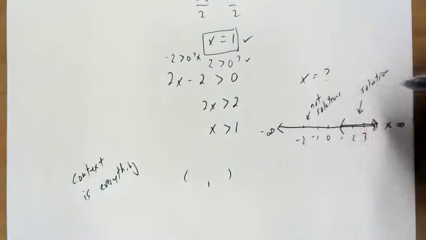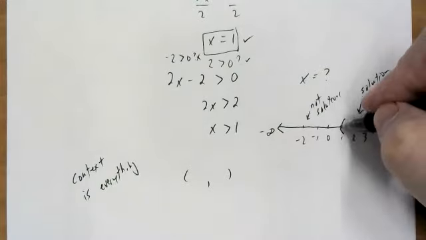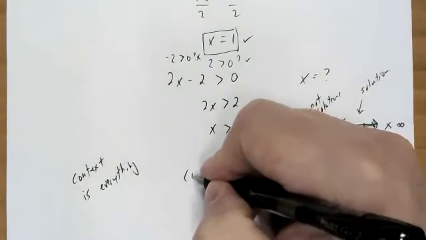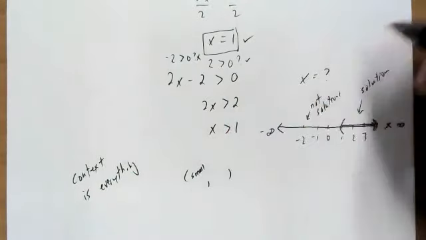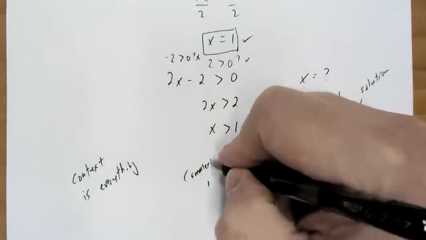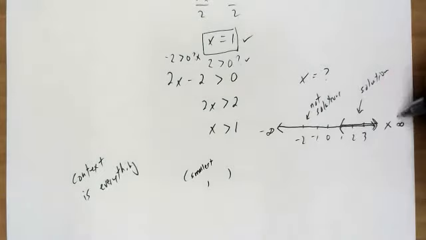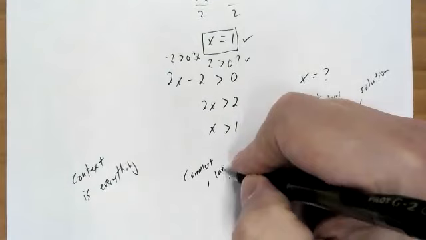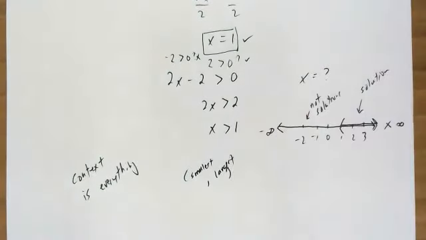But an interval is a way to express this range of numbers here. And what you do is the first number is the smallest number in this whole range of solutions. And the second number is the largest.